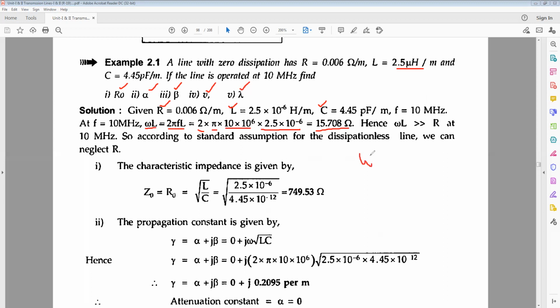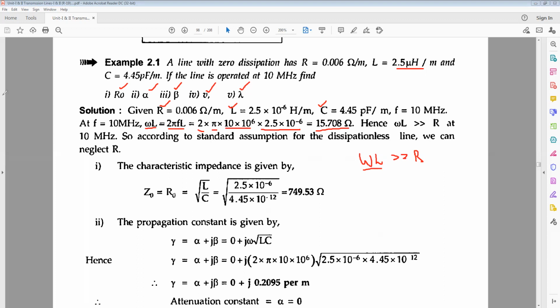We know omega L is very much greater than the resistance R. At 10 megahertz frequency, omega L is 15.7. What is the resistance here? 0.0006. So definitely omega L is greater than the resistance.